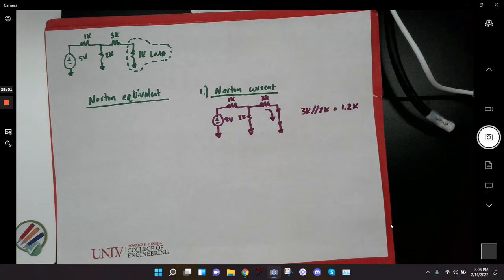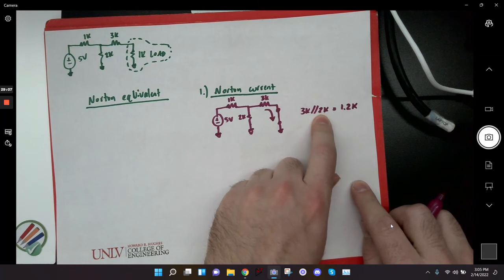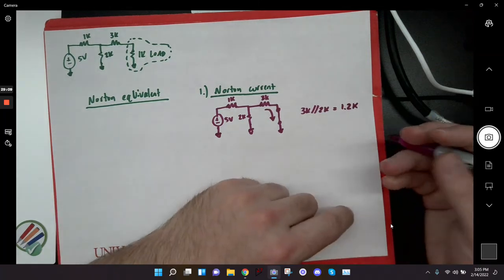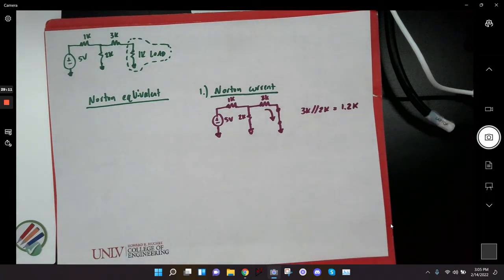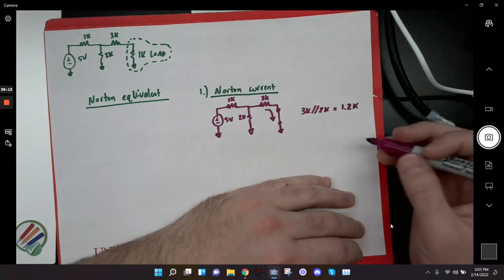I don't know how. So if you had like 12K and 18K, that 18K is 1.5 times bigger than 12K, then the equivalent would be 60% of 12K, whatever that is. I think that works out though, because this is 60% of this. So just in case you remember that ridiculously freakish fact, it might help you.